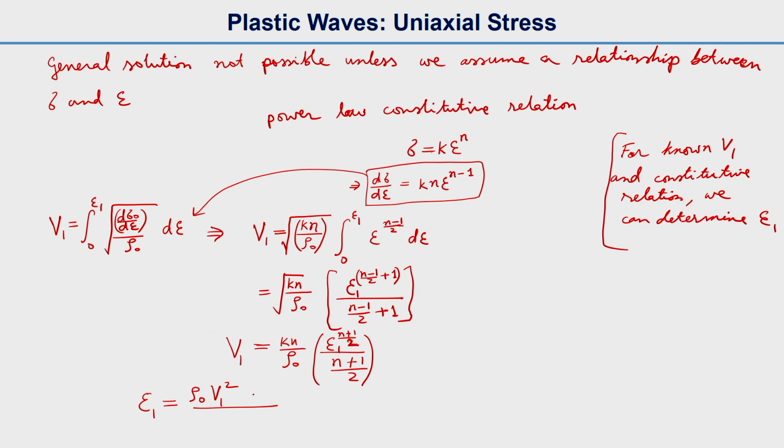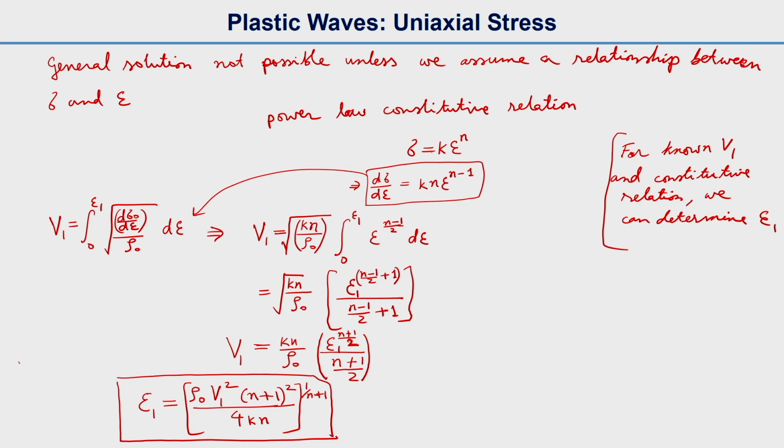So epsilon 1 equals V1 squared times n plus 1 whole squared, over k n, the entire thing to the power 1 by n plus 1.